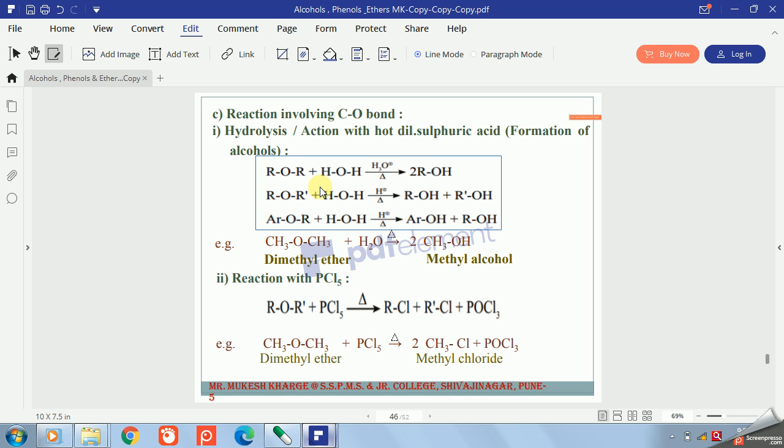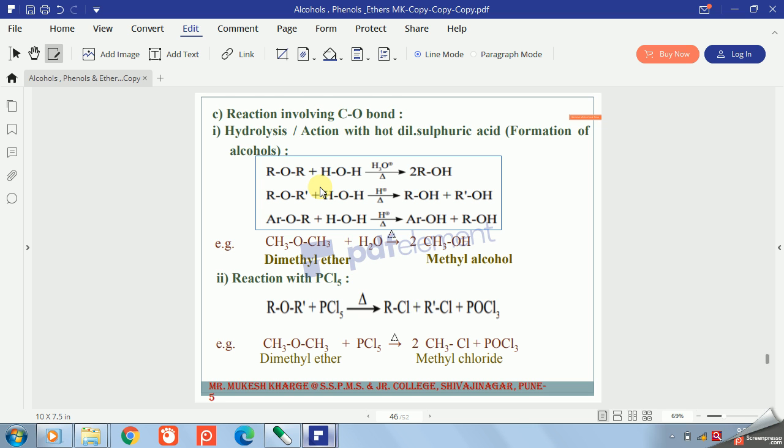When simple ethers are heated with dilute sulfuric acid under pressure, they give only one type of alcohol. So ROR reacts with water in the presence of dilute H2SO4. Here H2O plus H plus from the acid gives H3O plus. So when we heat the mixture we get only one type of alcohol.